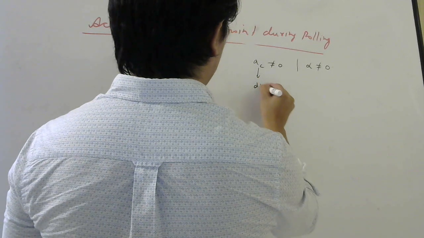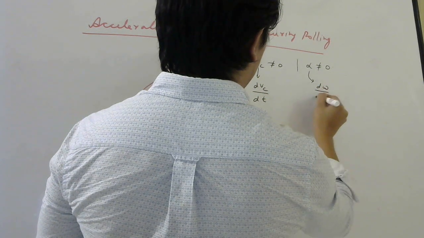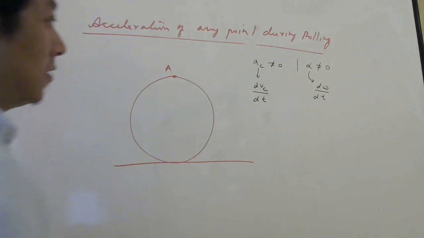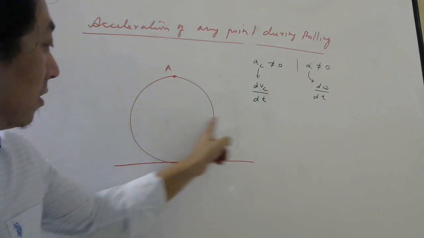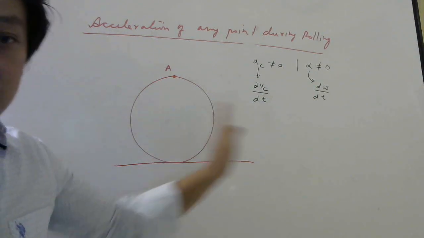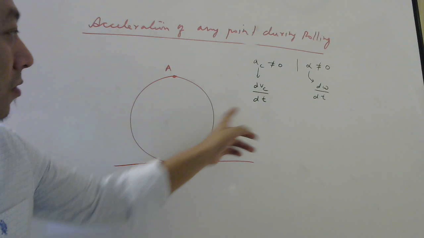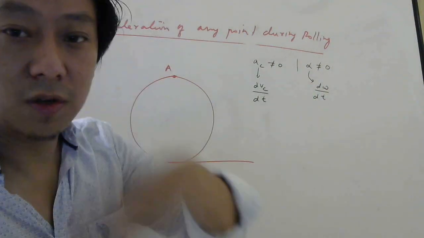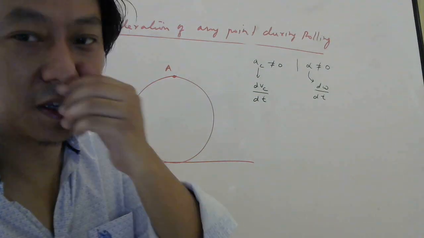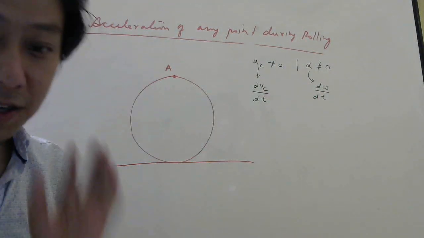AC is dvc by dt, alpha is d omega by dt. So I am saying vc and omega both are allowed to change. The velocity of center of mass is increasing or decreasing, whatever it is, and the angular speed is also increasing or decreasing, let us assume. So I'm taking a very general case.